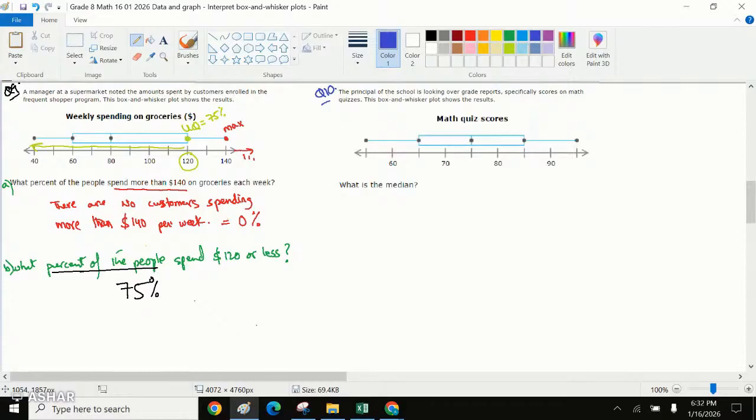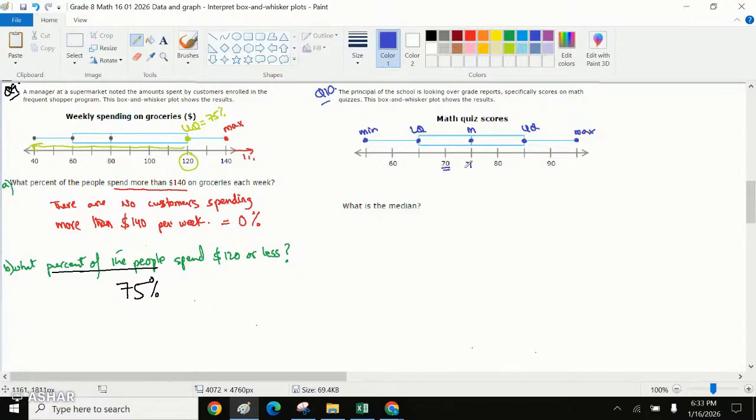Since we already know that if a box and whiskers is given, we can do the labeling. We can say this would be the minimum. We can say this is the maximum. We can say lower quartile. We can say upper quartile. What about this value? That is the median. And they are simply asking us what is the median for this given question.